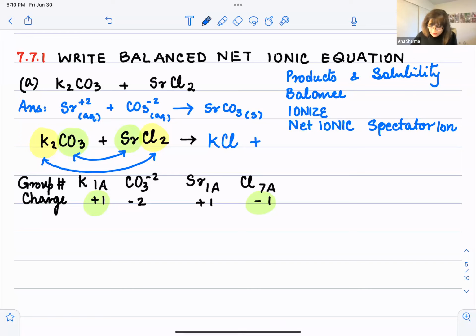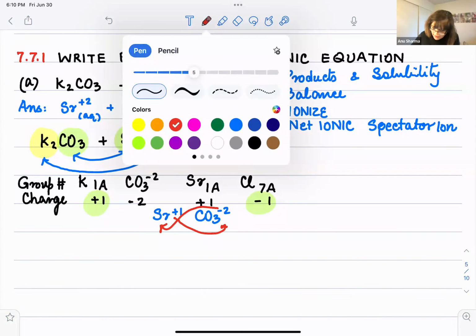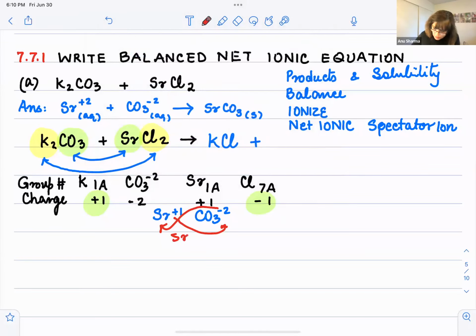And then you have strontium with carbonate. But remember, strontium is +1 charge and carbonate is -2 charge. So what we are doing here, this number comes here and this number comes here. So what do we get here? We get Sr2CO3.